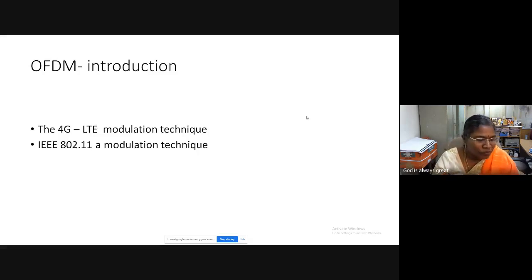Most of you will be having mobile phones, right? Now the mobile phone is moving to which generation? At present your mobile phone is operating in 4G, and within a few months we'll be trying to move from 4G to 5G, right?